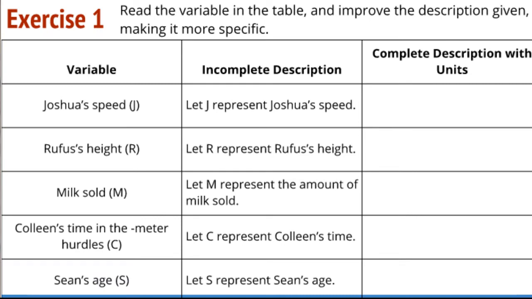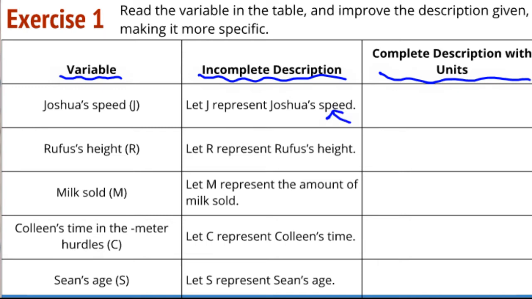In the first exercise, we're going to try and be a little more specific about what we're talking about. We have a variable stated in the table, and we have an incomplete description. Somebody kind of did a halfway job on it, and it is your job to come up with a complete description. It says here, Joshua's speed.